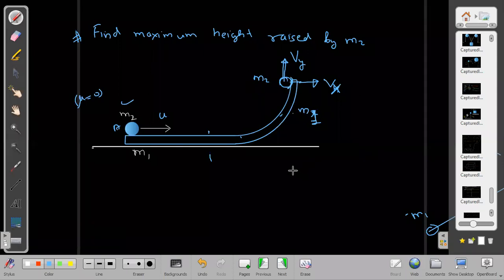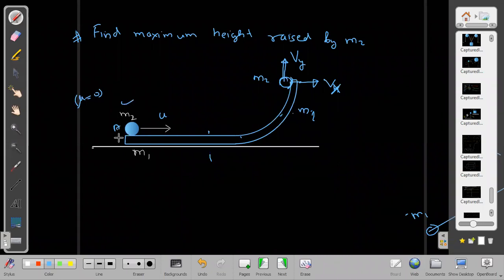Their velocities in the horizontal direction are equal, so their relative velocity in the horizontal direction will be zero. So therefore M2 just goes vertically up and comes down vertically, lands on this again and then falls back. When it comes back again, we have to find out with what velocity it comes back.